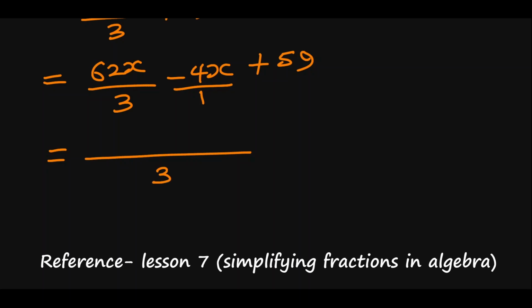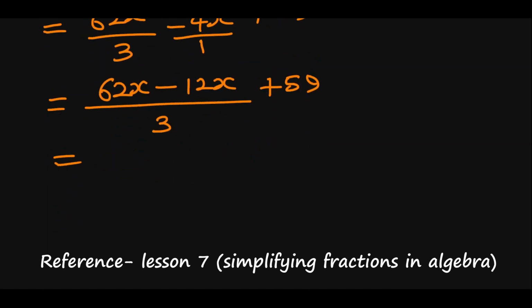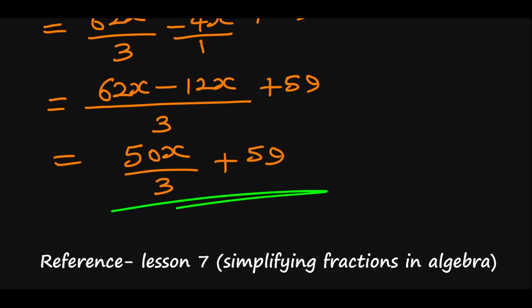This now gives us LCM of 3. 3 into 3, 1 times 62x gives us 62x minus, 3 times 4x gives us 12x, plus 59. So, if we now add the 62x minus 12x, that is 50x over 3 plus 59. And that becomes the final answer.